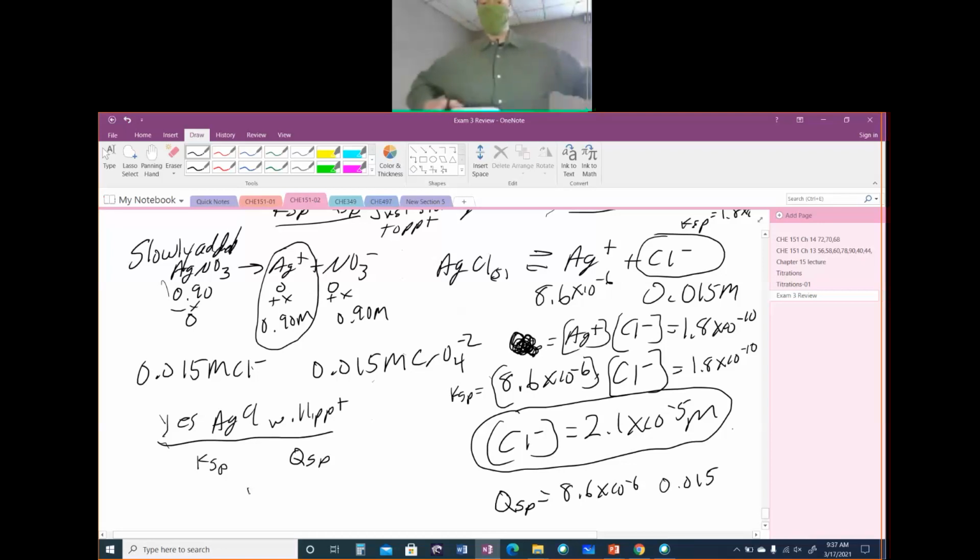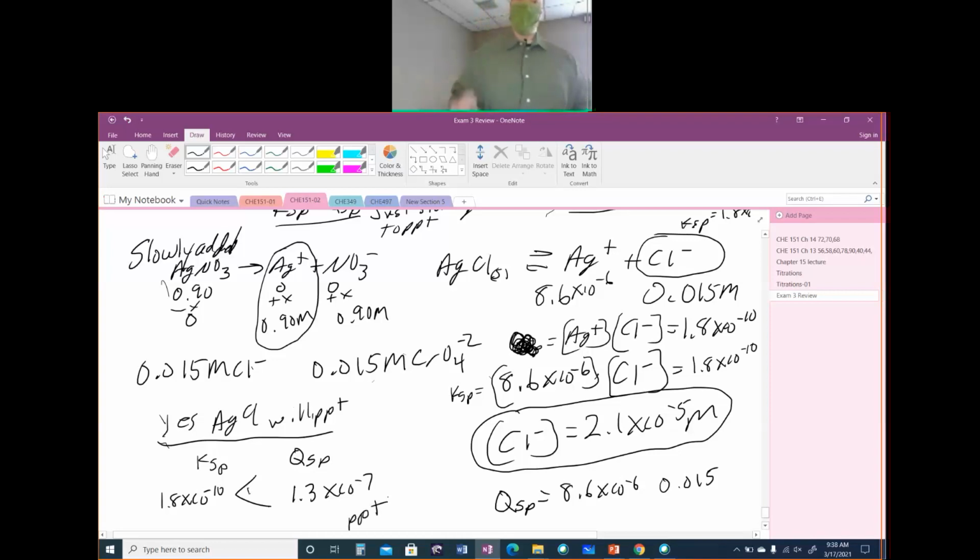So when you take your 8.6 times 10 to the minus 6 times 0.015, you get a Q value of 1.3 times 10 to the minus 7. And our KSP is 1.8 times 10 to the minus 10. All right, and you see that your KSP is much less than your QSP. Reaction goes to the left, and you get a precipitate.